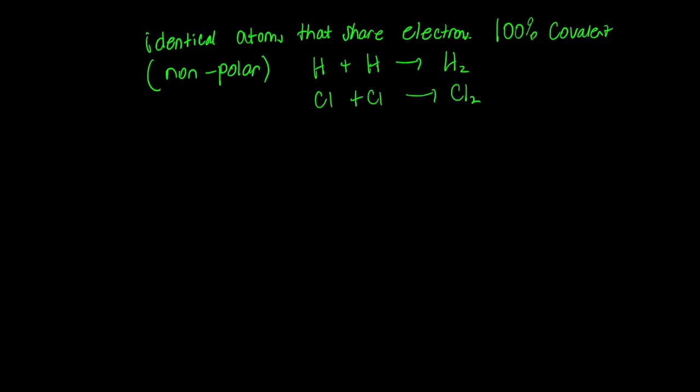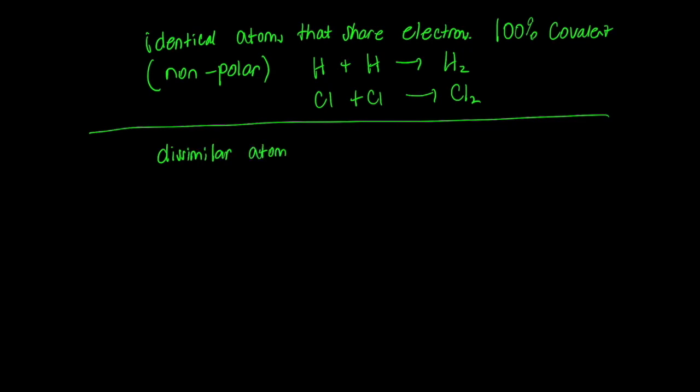Okay, so there's a chlorine-chlorine bond there, and each of these chlorine atoms is perfectly sharing the electron with the other, okay, in perfect harmony. Now, in the case of hydrogen chloride, for example, if you have dissimilar atoms, they can also share electrons, okay?